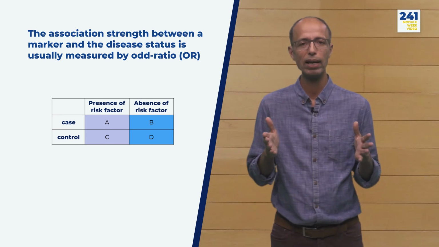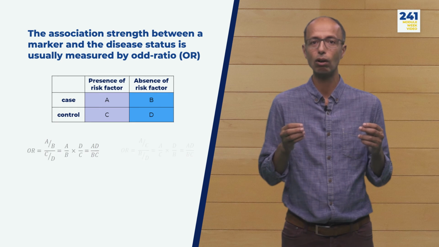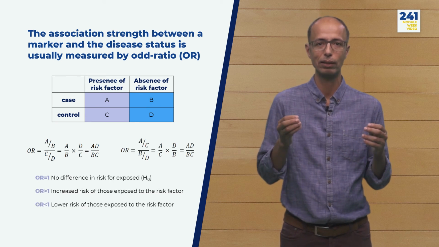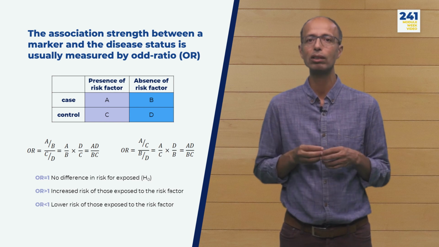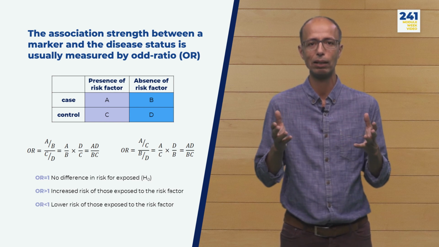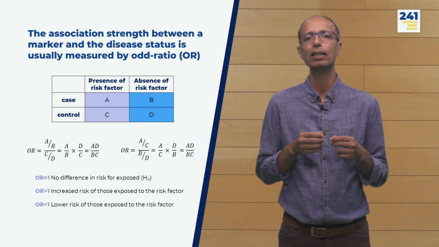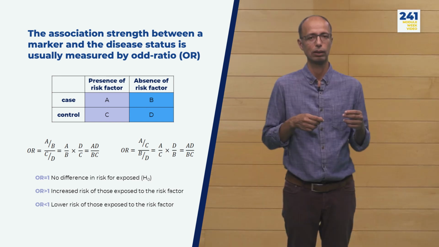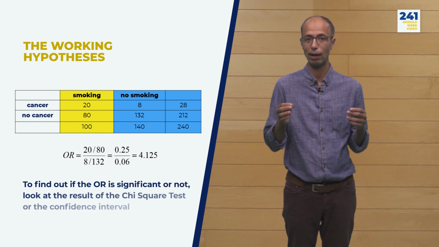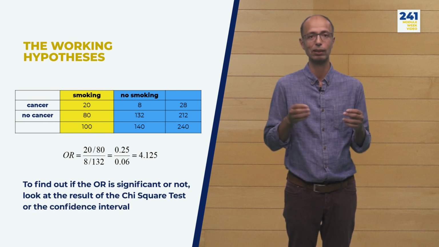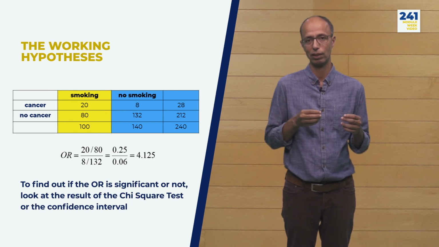In a similar way to relative risk, an odds ratio of 1 is an indication of no association. However, an odds ratio statistically higher or smaller than 1 indicates association. In our example, the odds ratio is 4.125, which has a similar interpretation to relative risk.